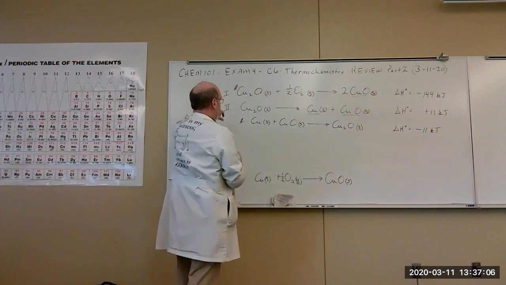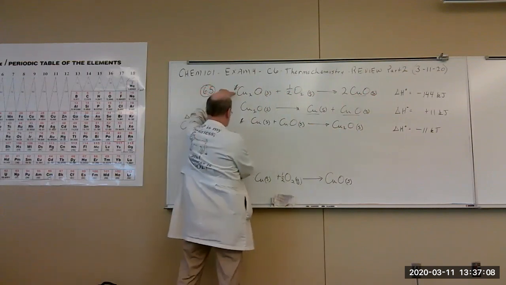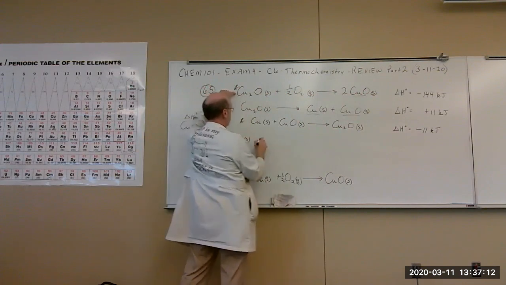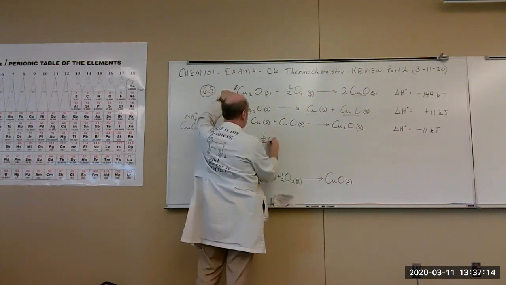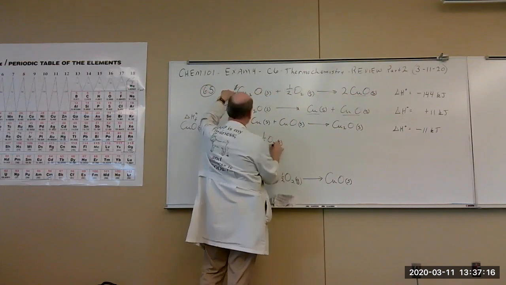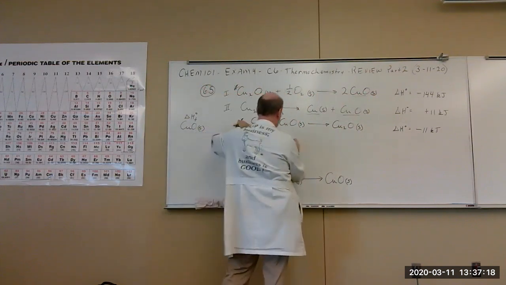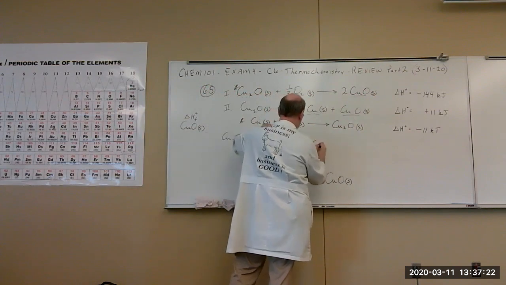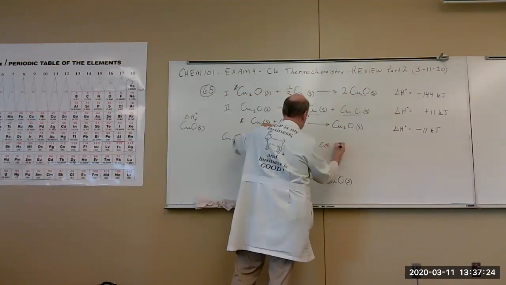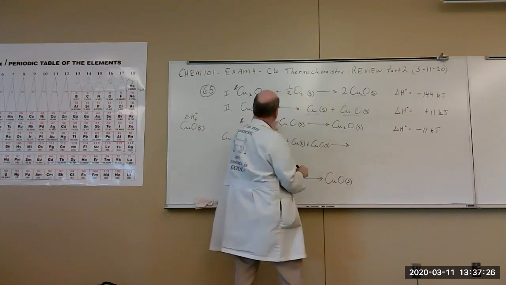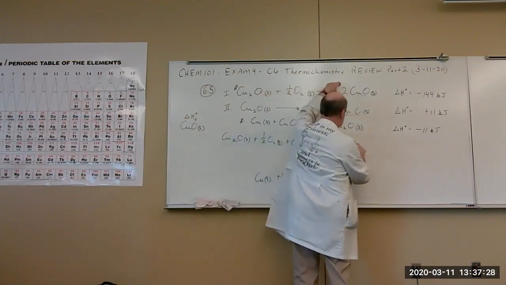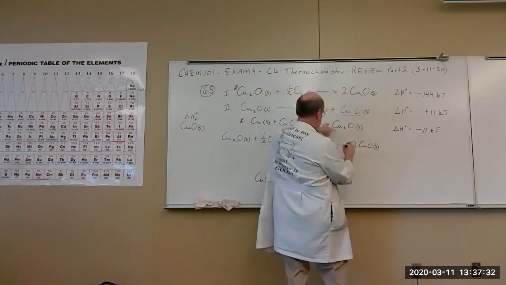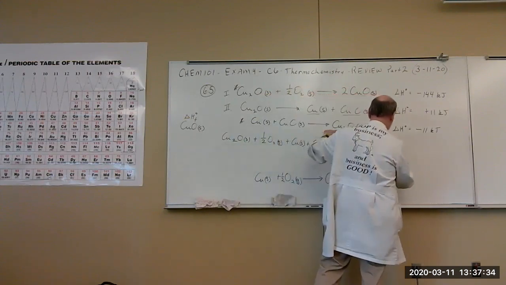So we'll do it longhand. Let's say this one, okay, plus 1/2 O2. And then we're going to put this one in here, plus this one. That's going to yield what's on this side, 2CO, and plus Cu2O.